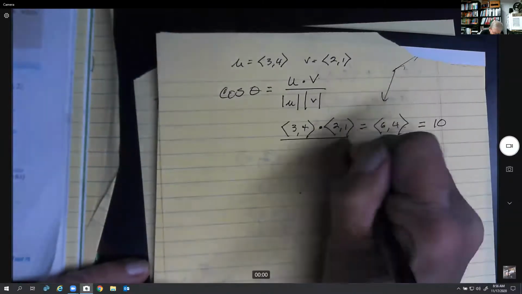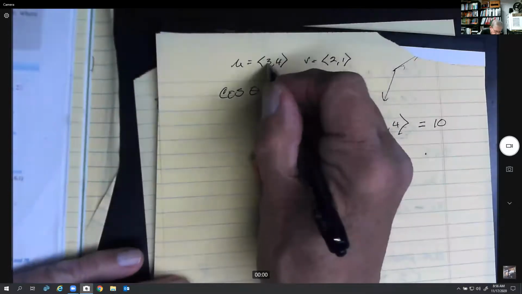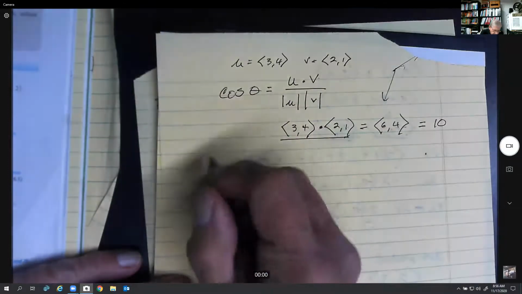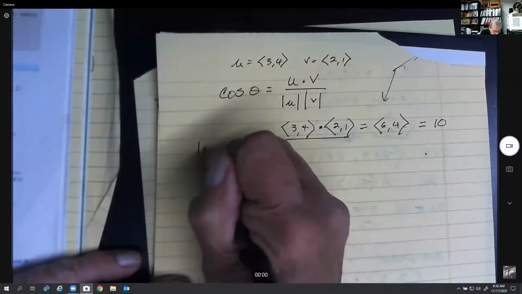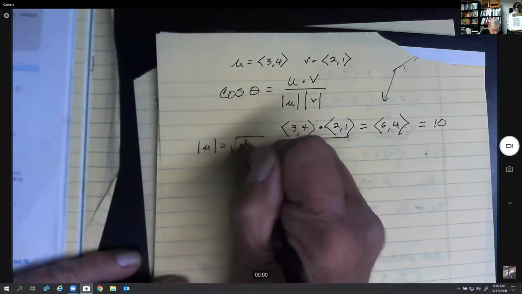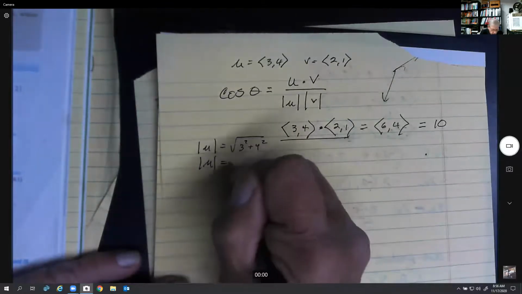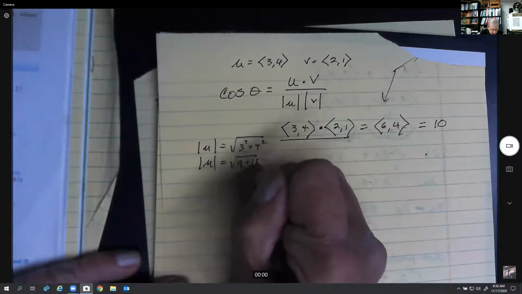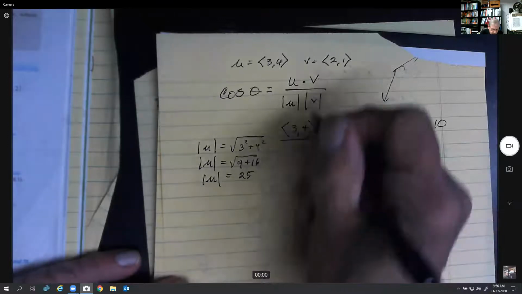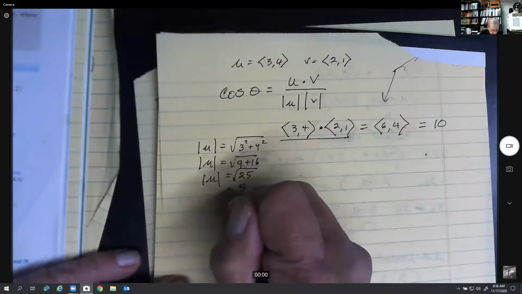Okay, now on the bottom, what we want to do is use the Pythagorean theorem. We're going to use these two numbers. This is really x and this is y. So u is equal to the square root of 3 squared plus 4 squared. U is equal to the square root of 9 plus 16, which is the square root of 25, which is 5.